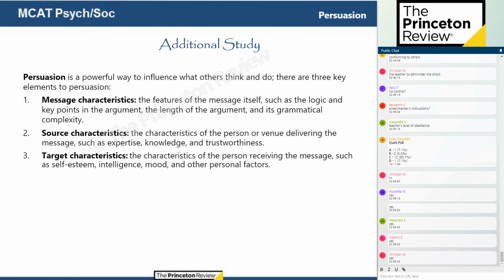It's how we influence what people do, say, etc. And there's three key things about persuasion. One has to do with the message itself, what we are telling people.